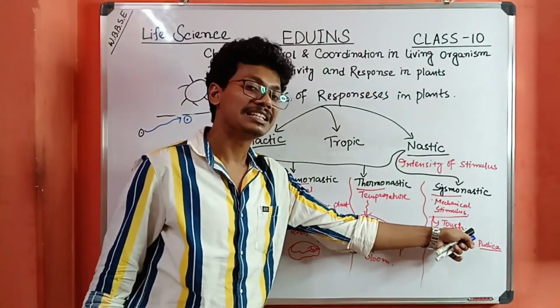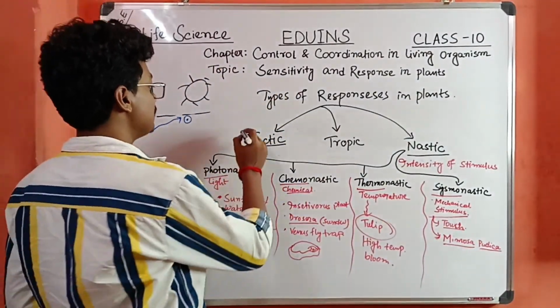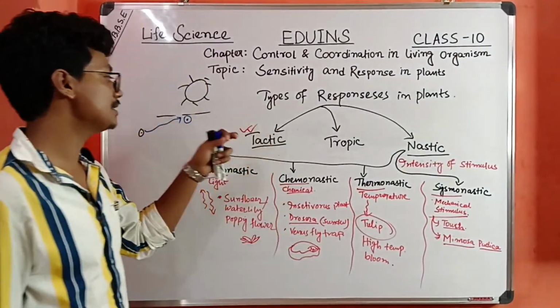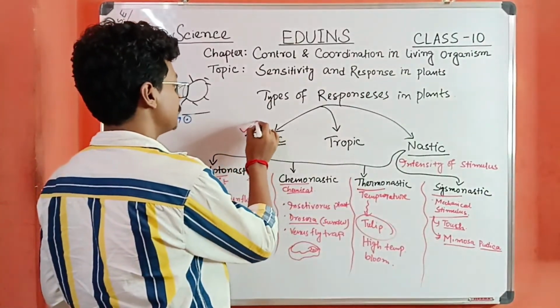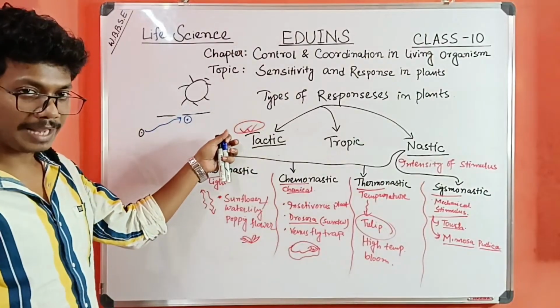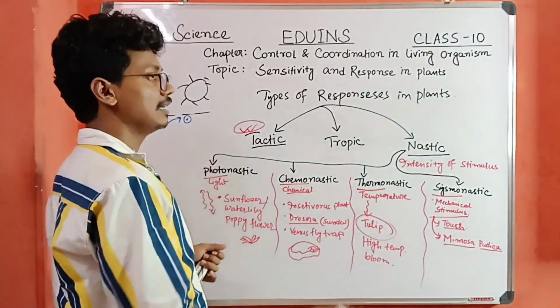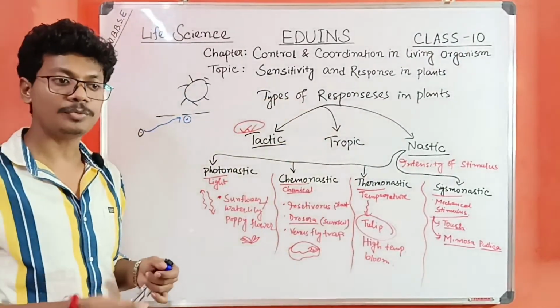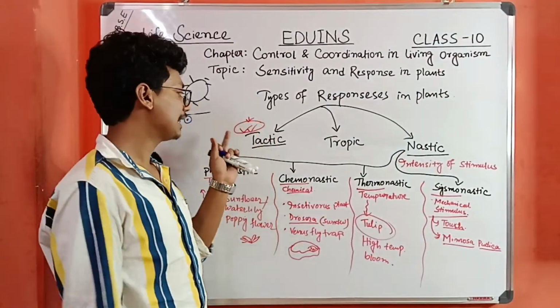Okay, in the stimulus of touch. So one quick revision: one is tactic, which is movement of the whole organism in response to certain stimulus like light, that is called phototactic, and like chemicals, that is movement of the pollen tube or growing of the pollen tube towards the ovule, that is chemotactic.